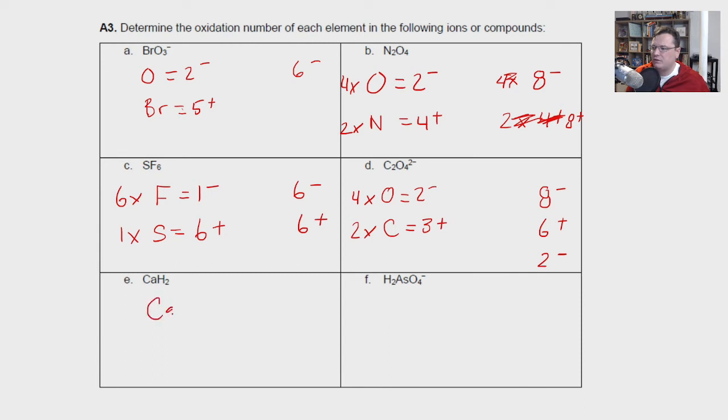So the easiest way that we can do this: we have 1 calcium in this case. Based off of the position in the periodic table for calcium, we would expect that to be a 2+ charge. So that means we're going to have a 2+ there. That means that overall for the hydrogens, we're going to have a 2- charge because the total charge that we have is 0 in this scenario. There's going to be 2 hydrogens, so each hydrogen has to have a 1- charge, which makes sense.